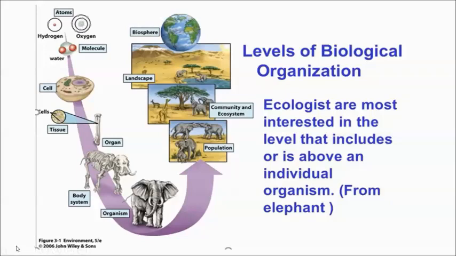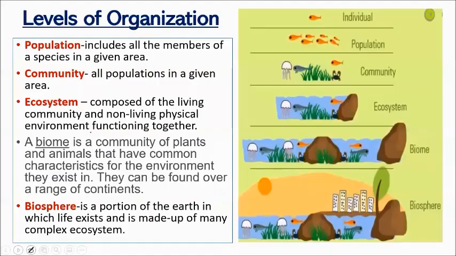Okay. So next, we have this level of organization, the population. This includes all the members of the species in a given area. Community, all populations in a given area. So sa population ito. And then community. So sa population, isa klase. Community, marami na. No?